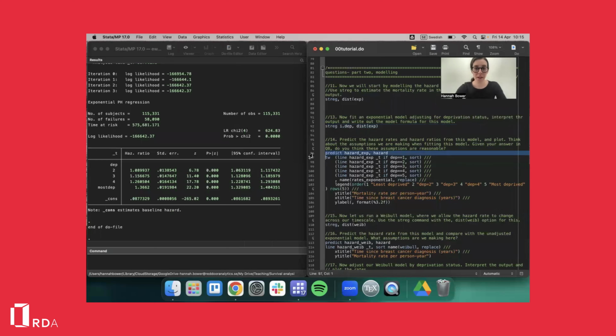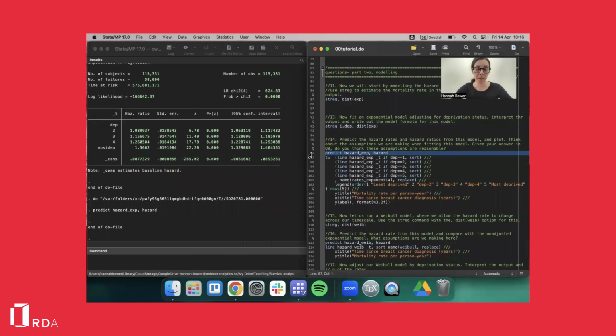So let's first use the predict command. What predict does is it uses the sdreg that we've previously fitted and tells it, okay, from this model, predict, and then we give the option hazard, so it knows to predict the hazard, and create a variable that's called hazard exp.